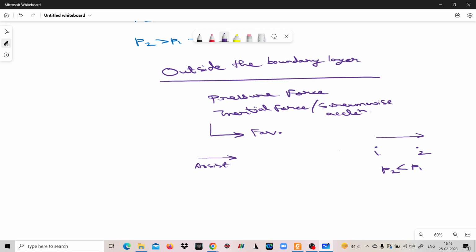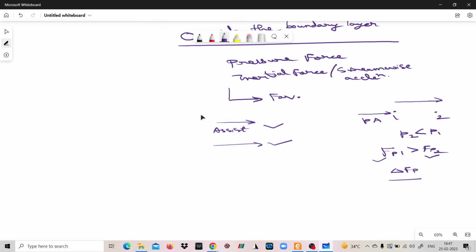So pressure force at 1, FP1, is greater than pressure force at point 2. So there is a net pressure force delta FP acting along the flow direction. So basically the inertial force as well as the pressure force are acting along the same direction, basically helping in the formation of the boundary layer. So there is no scene of boundary layer separation.